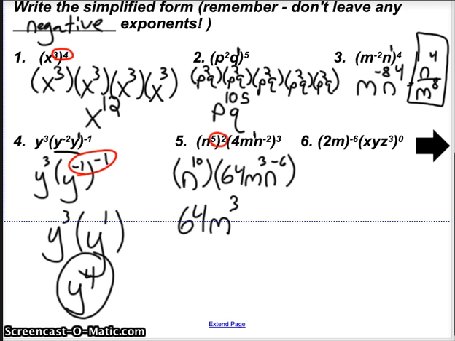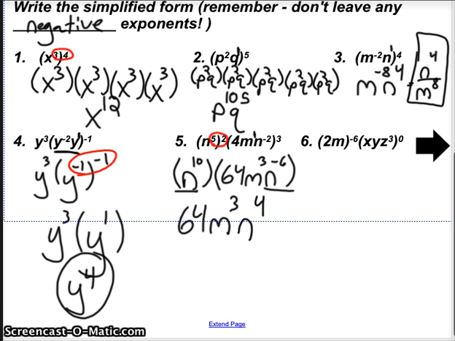M to the 3. The things I can combine are my n's. Again, we're multiplying like bases, so I'm going to be adding my exponents. 10 plus negative 6 leaves me with 4. And that's going to be the final answer I am looking for.